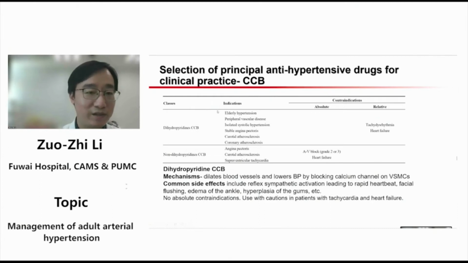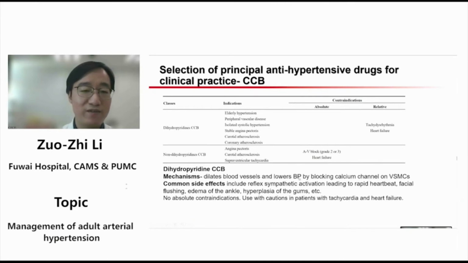It is particularly suitable in elderly patients and also patients with peripheral vascular disease and isolated systolic hypertension. And it is also suitable for patients with coronary artery disease and carotid atherosclerosis. The mechanism of CCB is to dilate blood vessels so as to lower blood pressure by blocking calcium channels on the vascular smooth muscle cells.